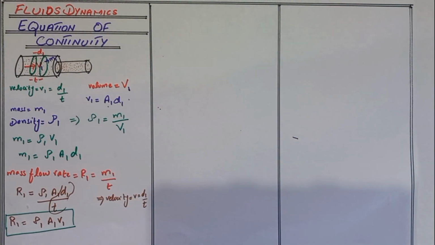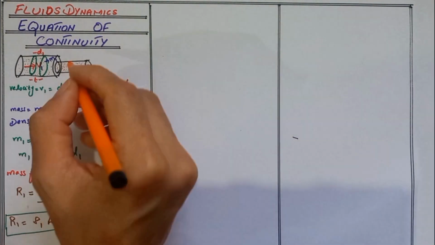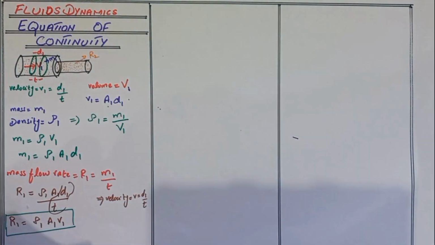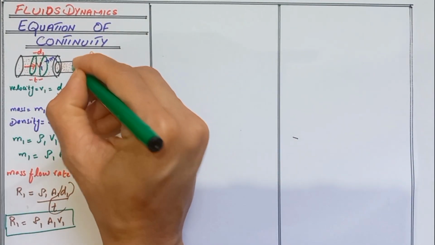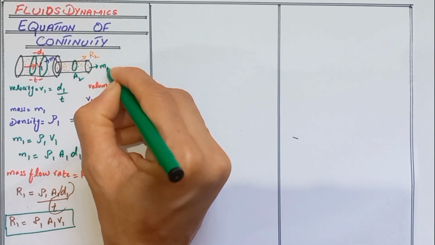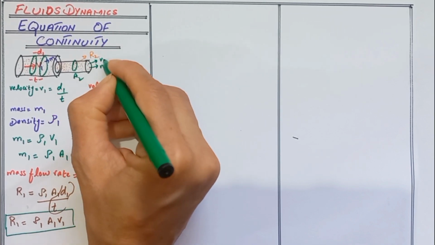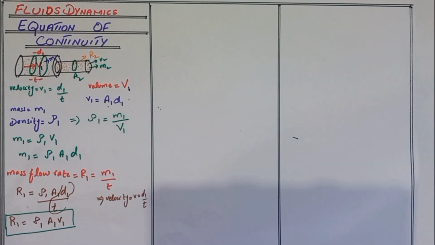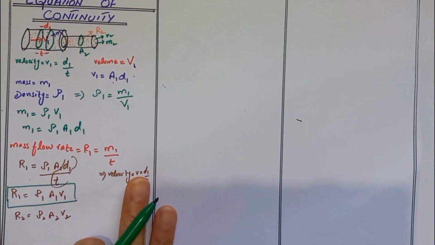Similarly, the mass flow rate in container 2, R2, has cross sectional area A2, mass M2 and volume V2. So the final equation we can write is R2 equals rho 2 A2 V2 for the second container.